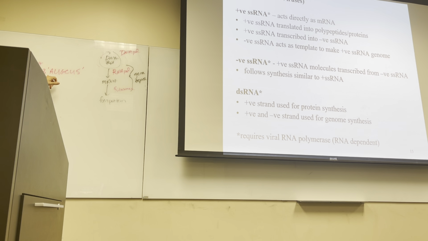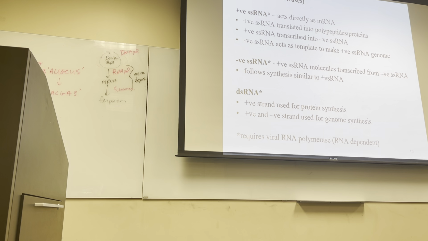I can't do a straight leap of faith here. I have to make the complement. So this single-stranded RNA virus produces UACGA. This gets confusing after a while. Right? This is now what's known as the negative form of it. The complement to it. Okay?